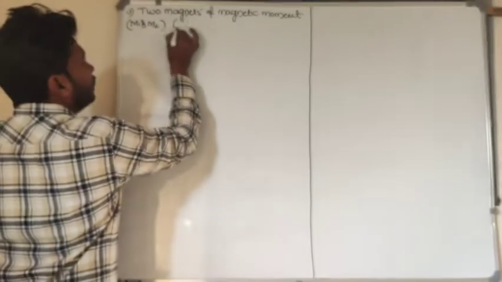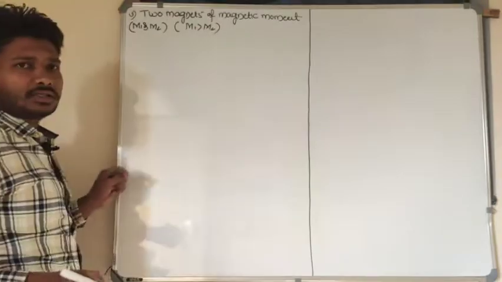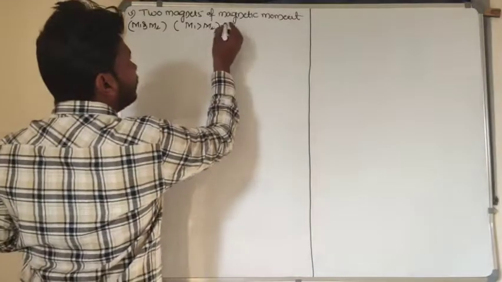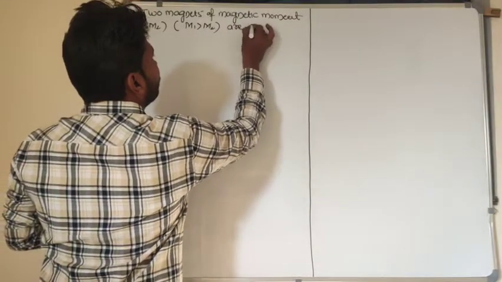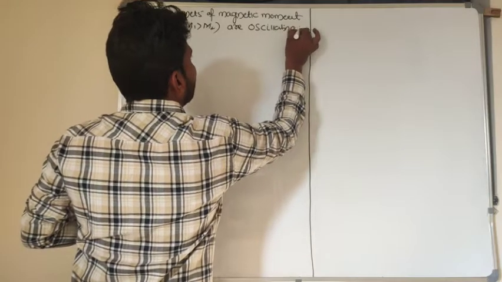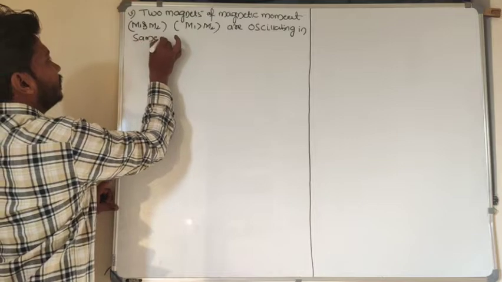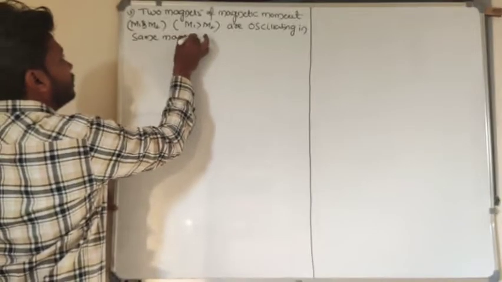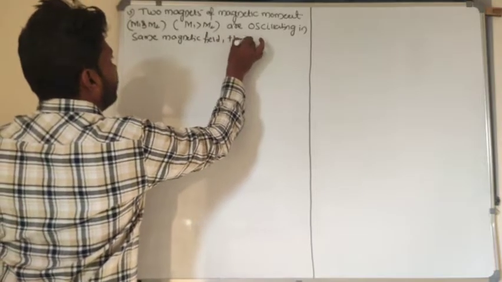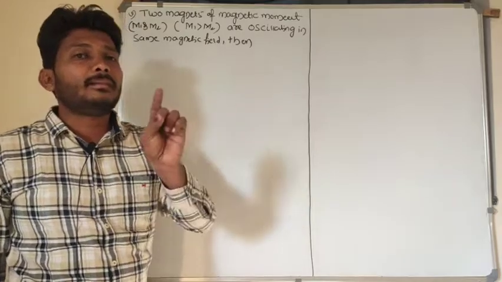Here m1 is greater than m2, both are not the same, right? Two magnets of magnetic moment m1 and m2 are oscillating in the same magnetic field, then I want to find out what is the relation between time period and magnetic moment.